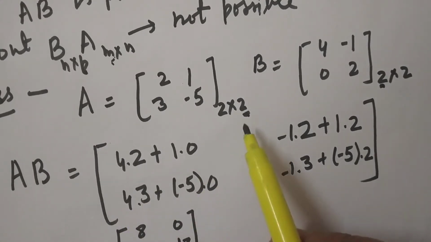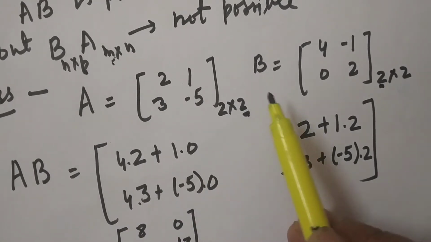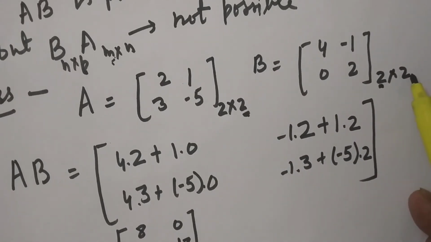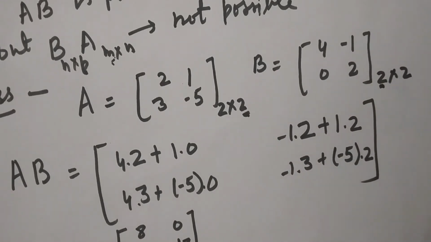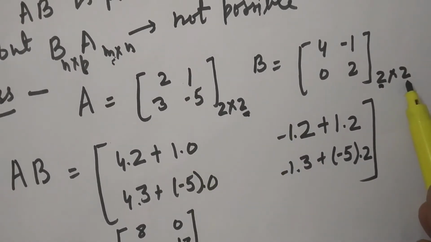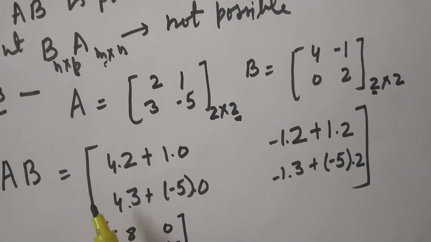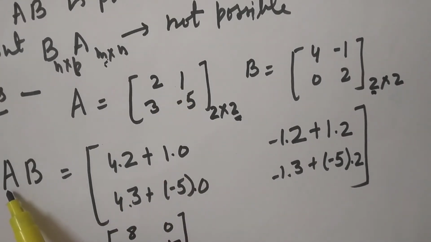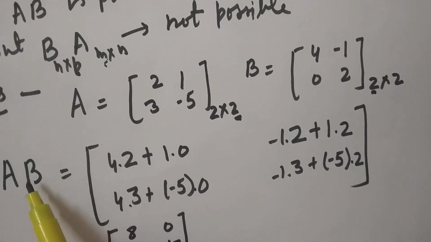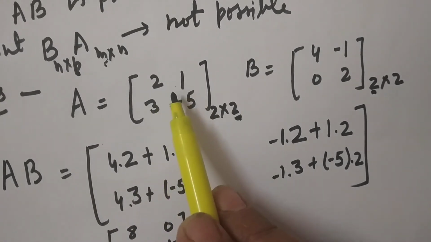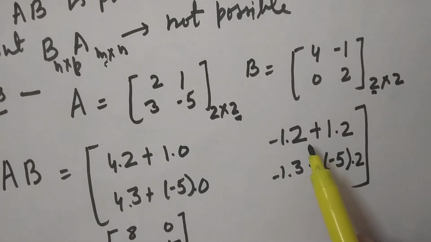The resultant will be of the order 2 by 2, so I have to form 2 rows and 2 columns. First I write the elements of A, the first row 2, 1.